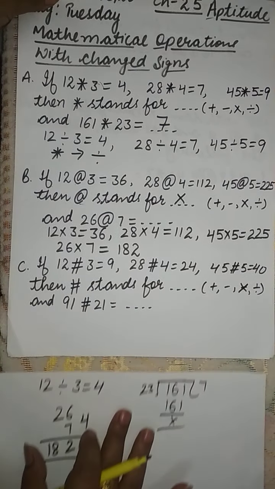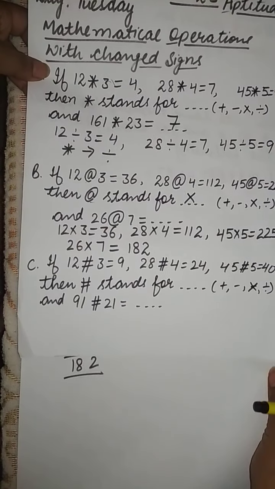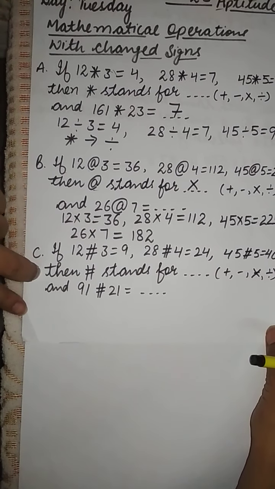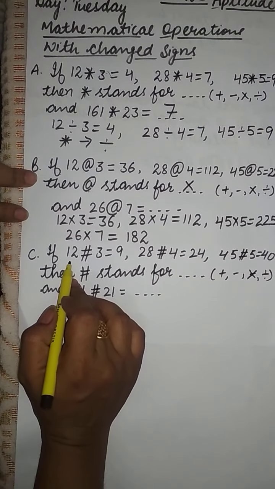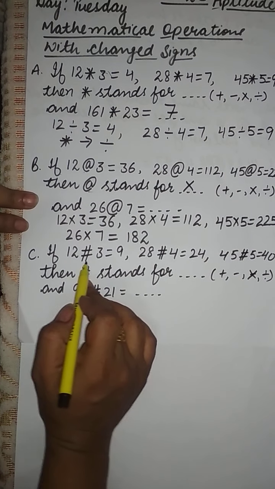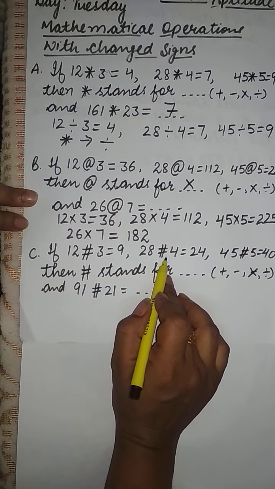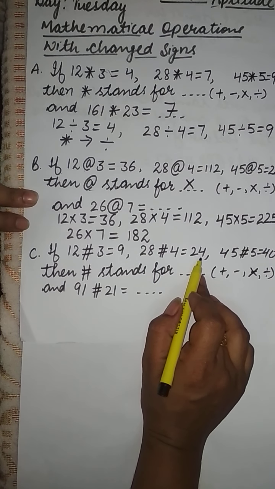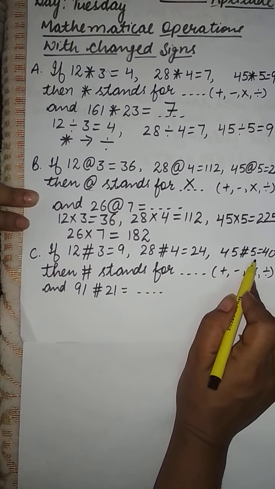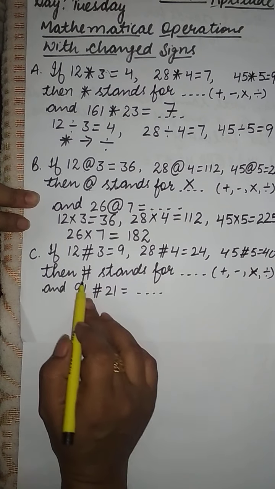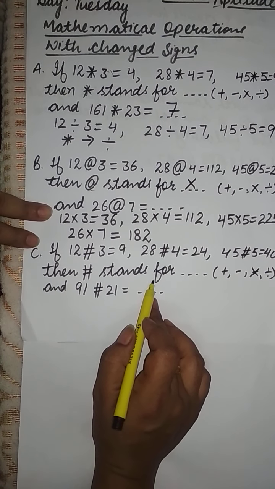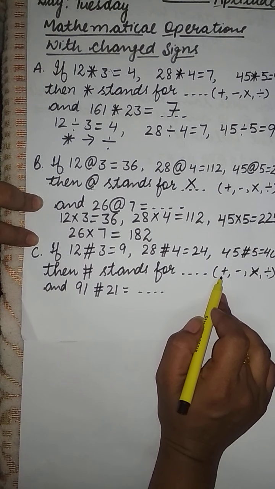Now the next part is the third part. 12 hash 3 is equal to 9, 28 hash 4 is equal to 24, 45 hash 5 is equal to 40. Then the symbol hash stands for which mathematical operation?